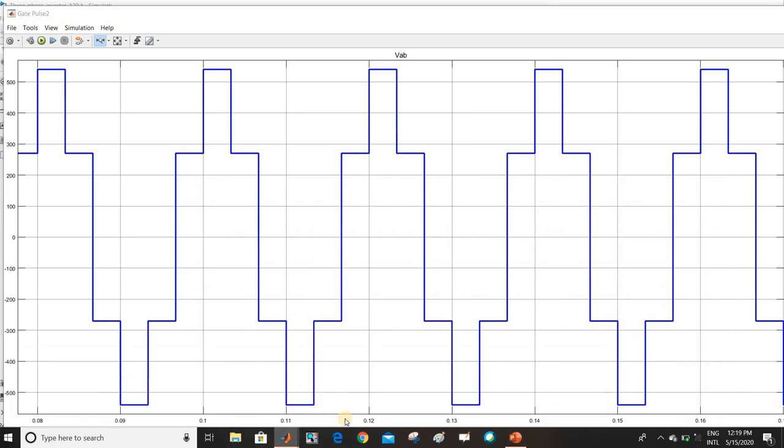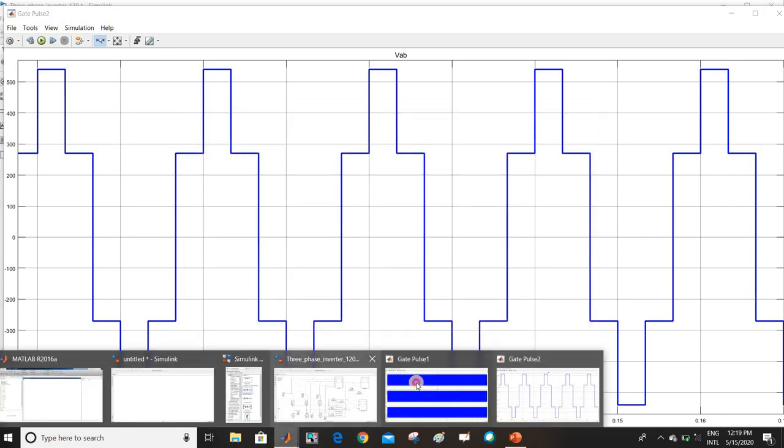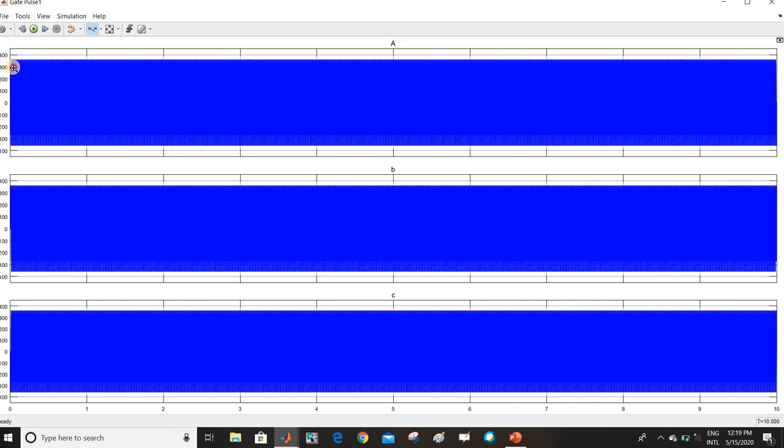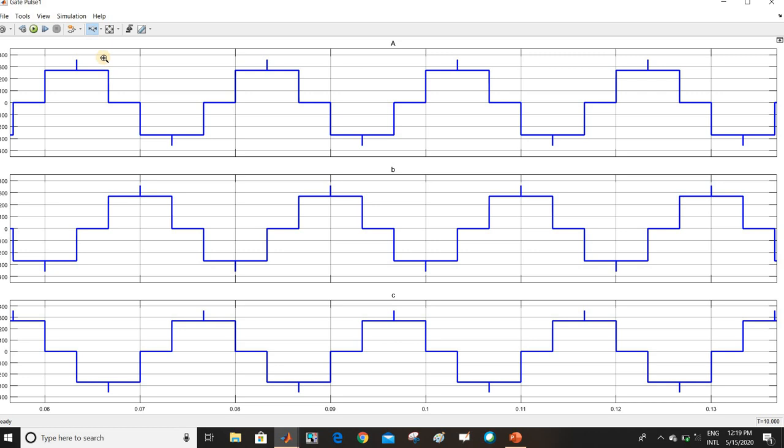Now if we consider this phase voltage waveform, what we can see, VA minus VB. VA minus VB means 270 plus 270. So this will be 540 for 0 to 60. Next we are having 270 for 60 to 120, 270 minus 0.